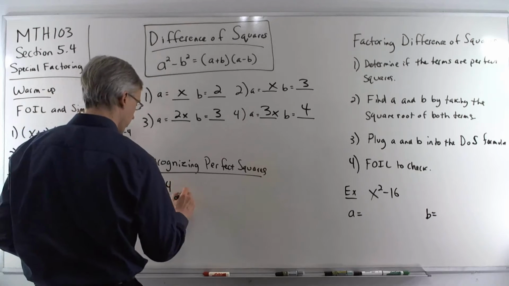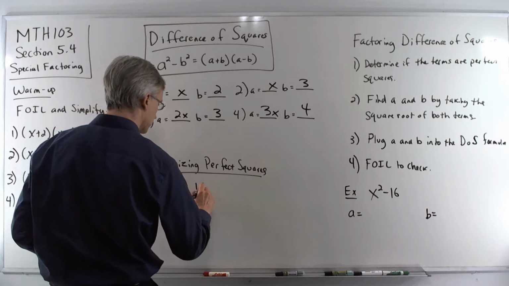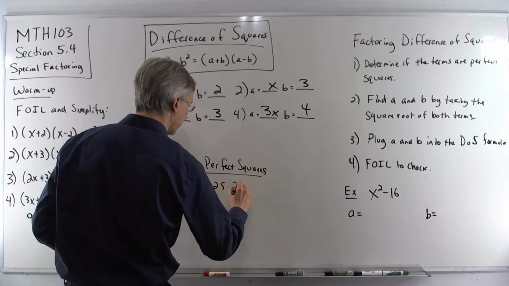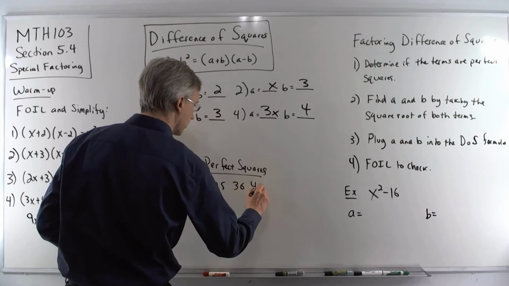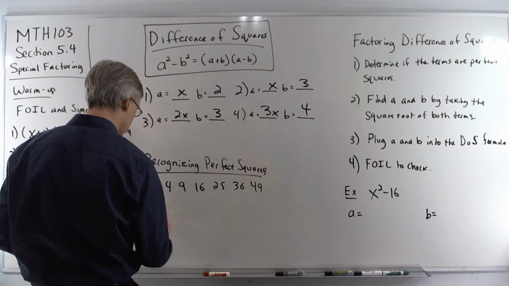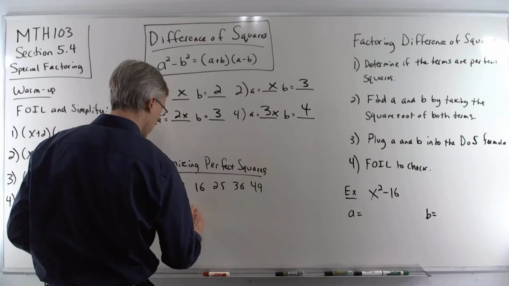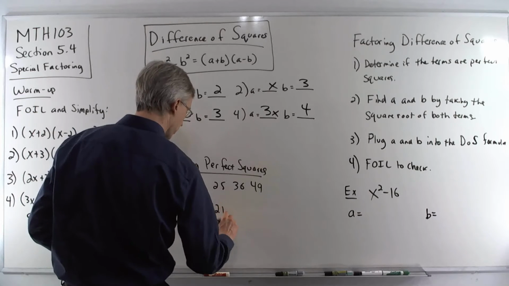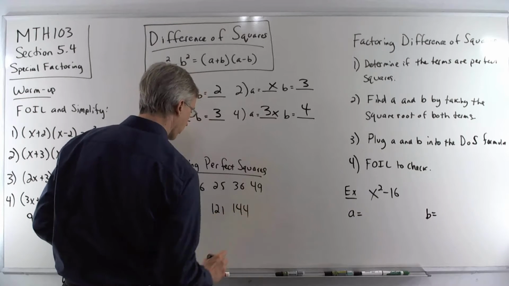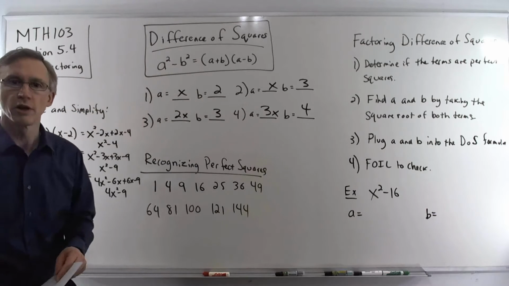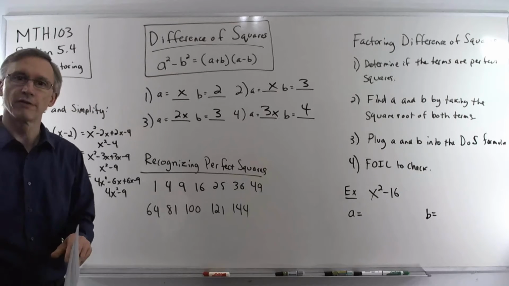We have 4, 9, 16, 25, 36, 49, 64, 81, 100, 121, 144. Those numbers should jump out at you as being perfect squares.